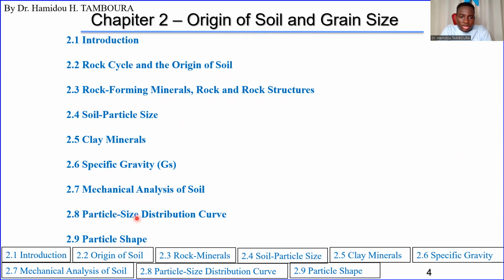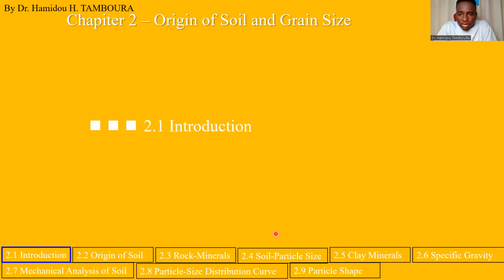And particle size distribution curve. That one also is very important. And the last one is particle shape. How all these parameters will influence our design in geotechnical engineering. Okay, so let's start with the first point, introduction.